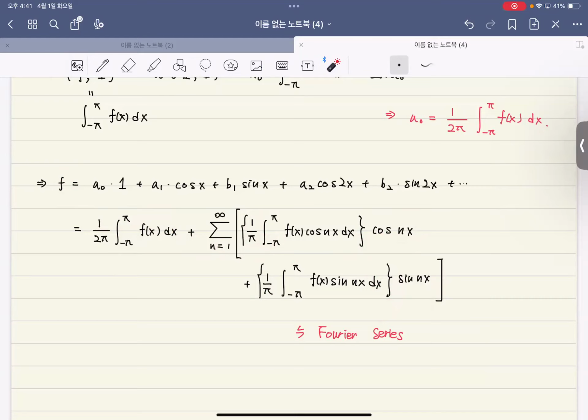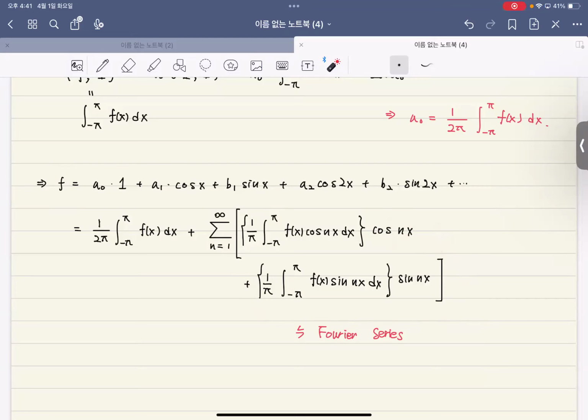Now I want to consider f as some signal in the time domain, which lasts from minus pi to plus pi. Being able to decompose it into trig functions implies that if you focus on one trig function, the frequency of this one is n, right?